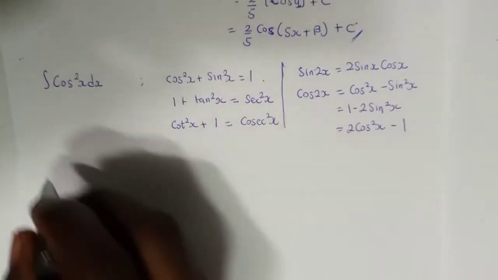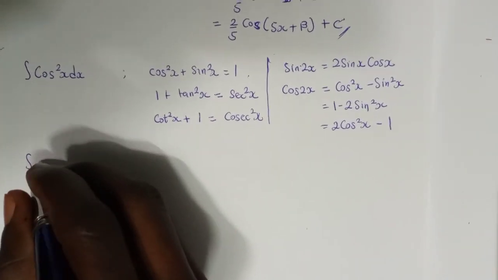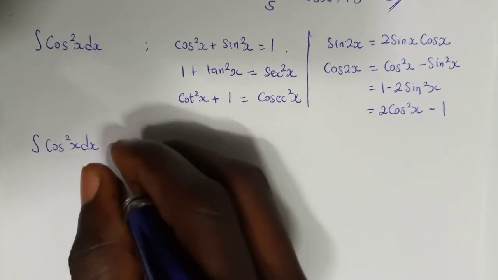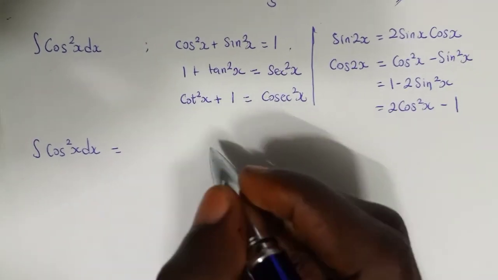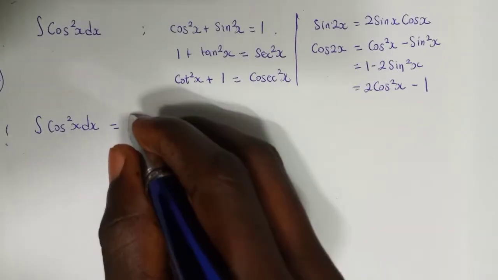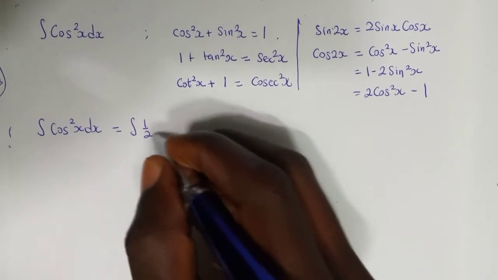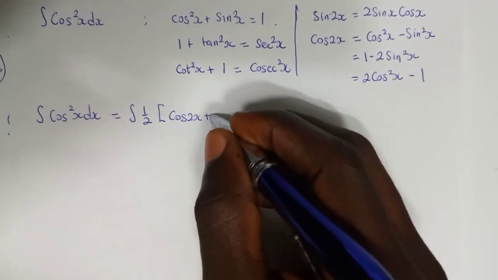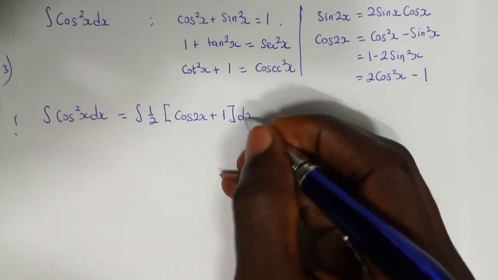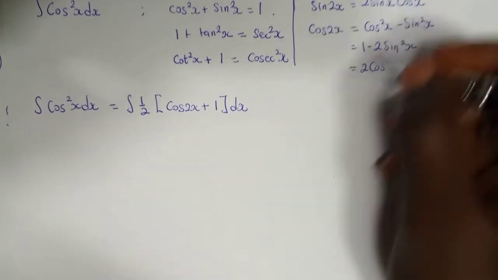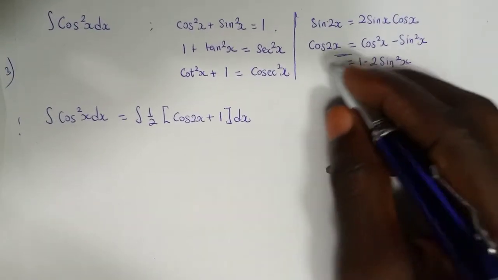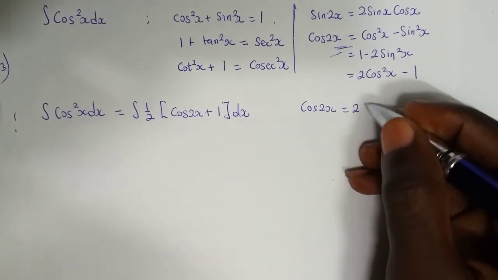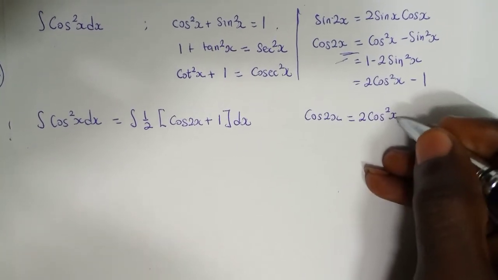So integral of cos square x dx equals integral of 1 out of 2 into cos 2x plus 1 dx. This was coming from the identity cos 2x equals 2 cos square x minus 1.